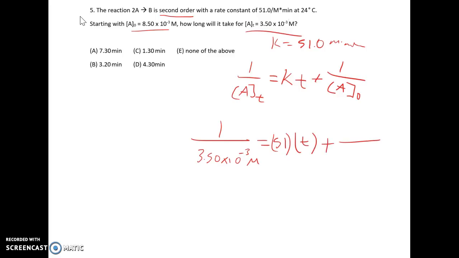And our initial concentration for A is 8.50 times 10 to the negative 3 molar.